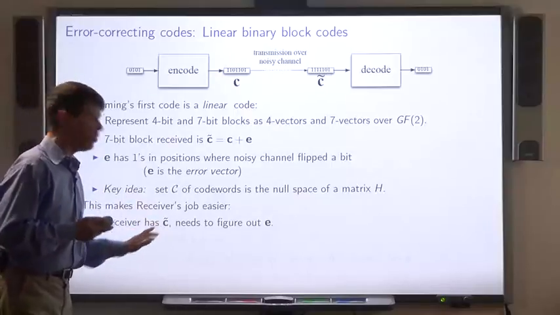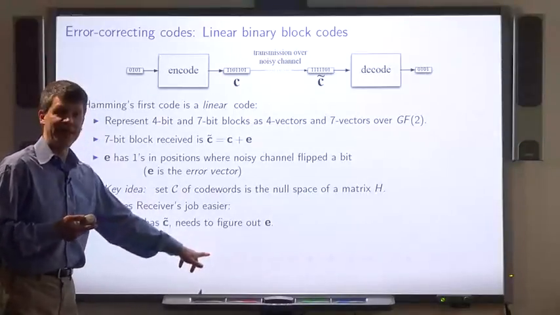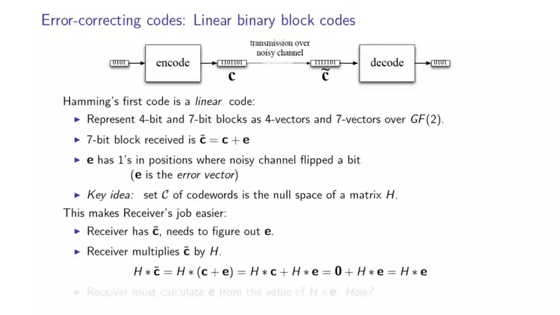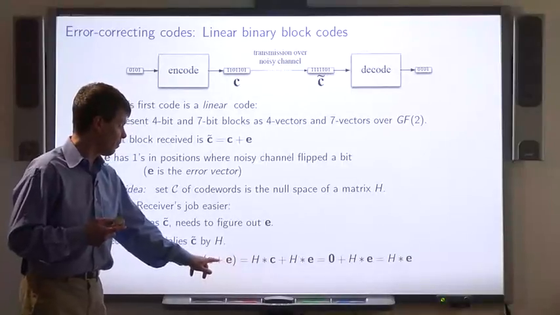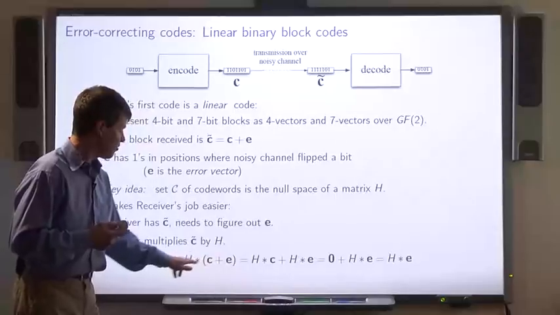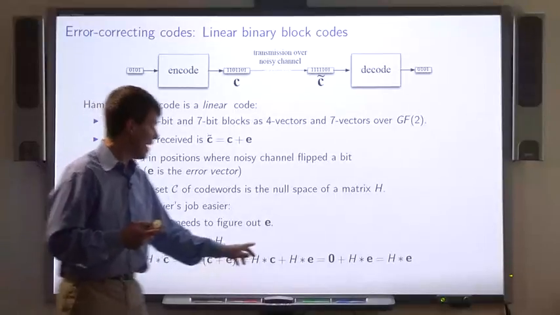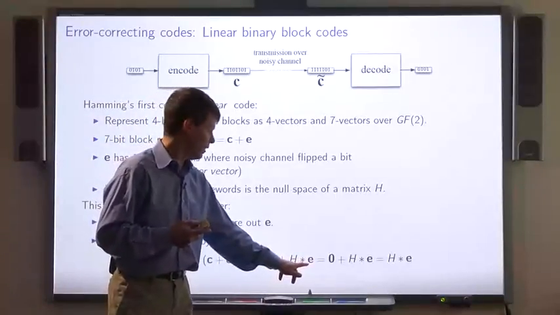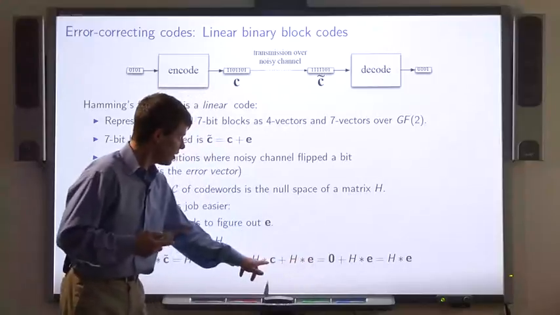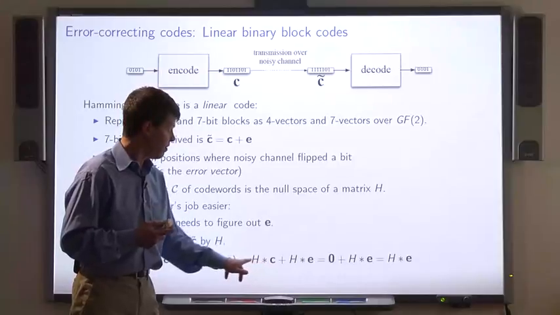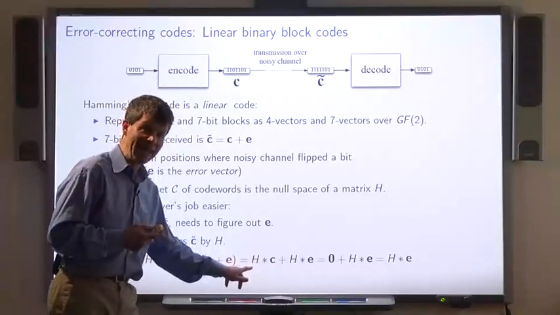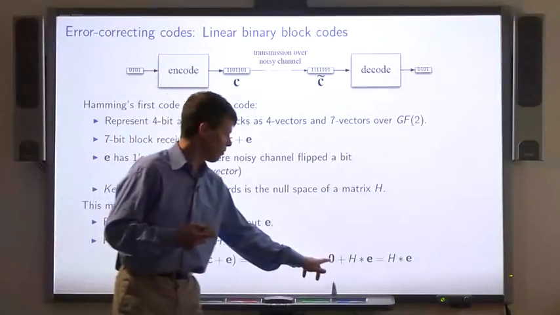The receiver multiplies C tilde by the matrix H. H times C tilde equals, substituting for C tilde, H times (C plus E). And now, using one of our algebraic properties, we can split this sum up. H times (C plus E) is H times C plus H times E. Using the fact that the set of code words is precisely the null space of the matrix H, we know that H times C is the 0 vector.